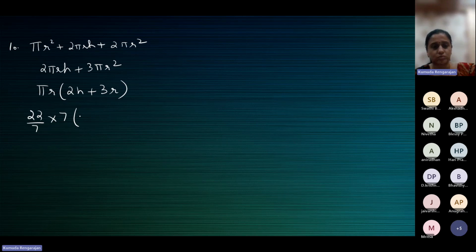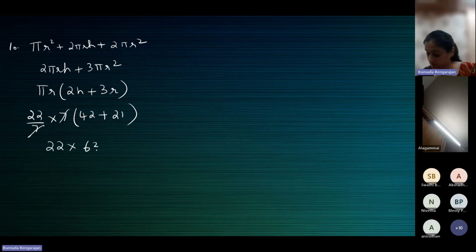So 21 into 2, plus 3r, 21. So 7 gets cancelled. 22 into 63. So I'm getting 1386.